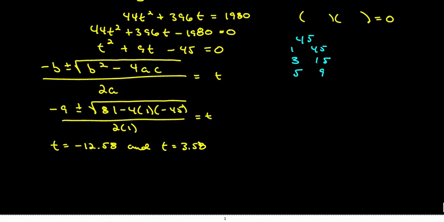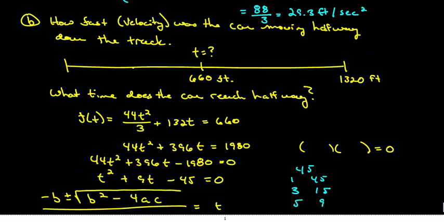So the one we're going to pick is this one right here. Notice that the car reached halfway down the track not at 3 seconds, not at half the time. Remember, it took 6 seconds to get all the way down, but it took 3.58, more than half, to get halfway down. That should make sense, because its velocity is increasing over this section.